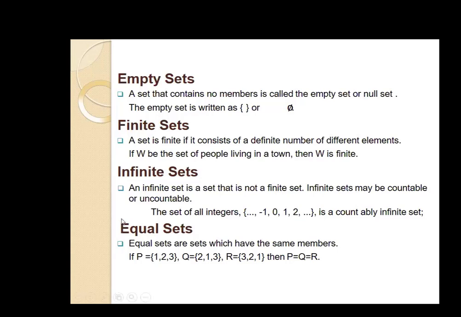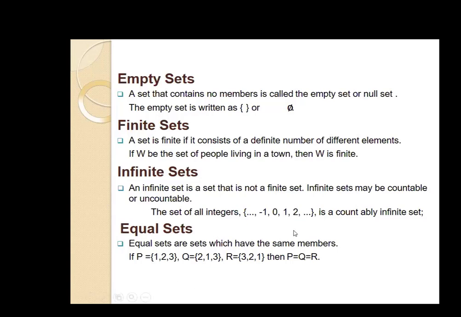In the same way, next comes the infinite set. What is an infinite set? An infinite set is a set that is not a finite set. Infinite sets may be countable or uncountable. It means there is no limit to the set. The opposite of a finite set is called an infinite set.